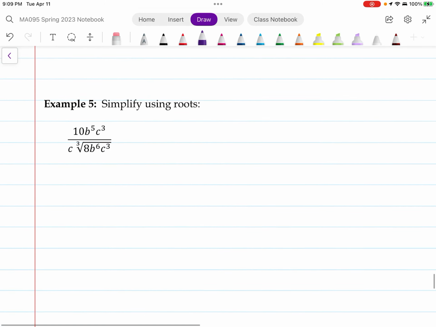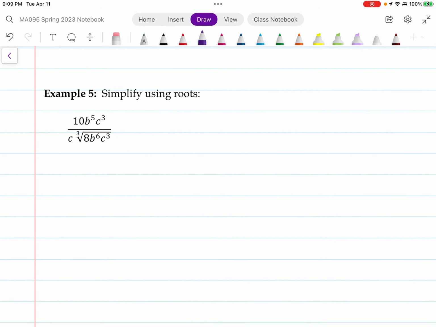All right, so simplify using roots. This is a challenge problem, okay? So where should we start? All right, so I've got 10b to the fifth c cubed on top and a c on the bottom.